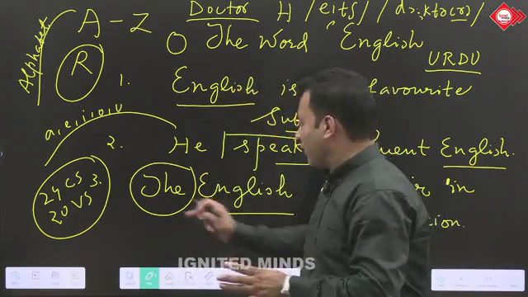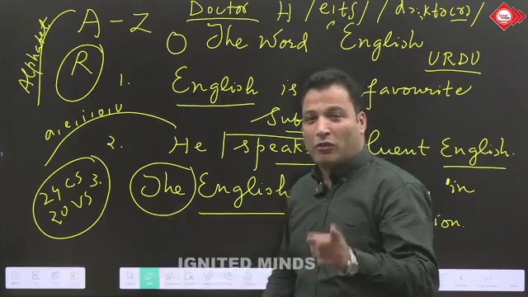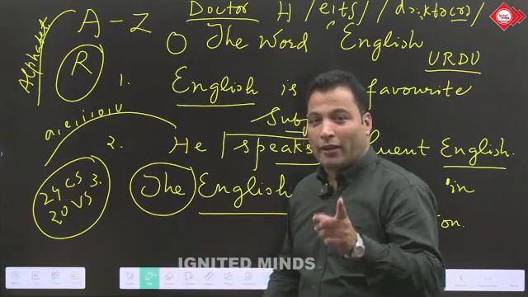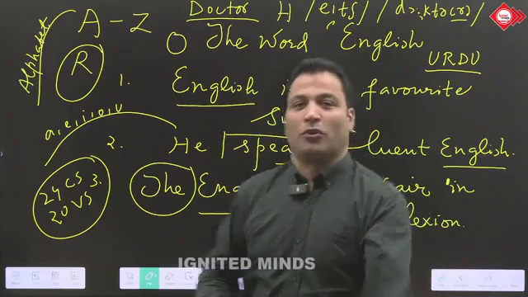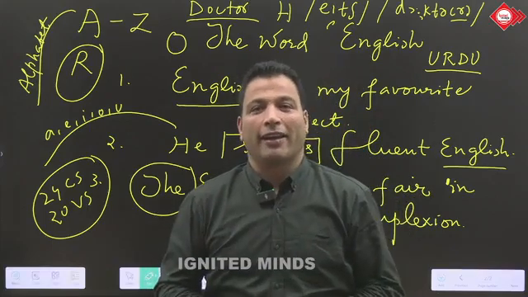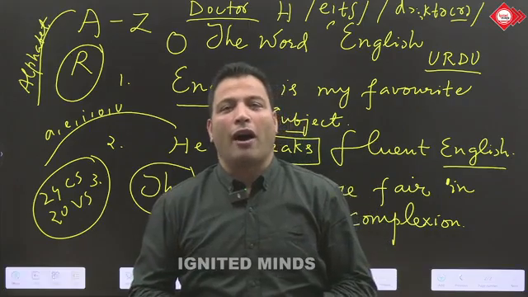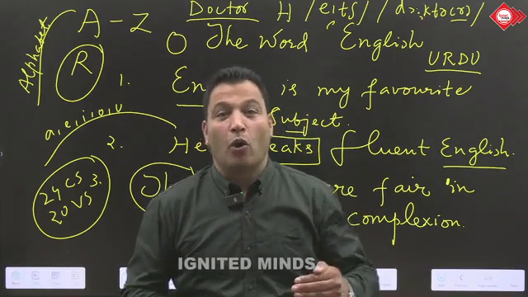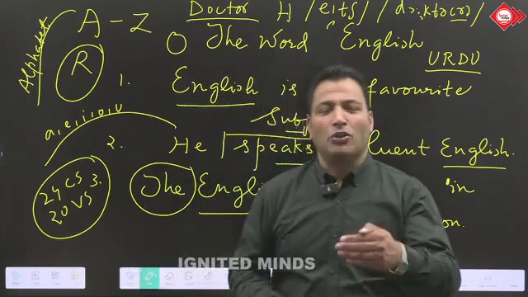अगर THE उन words के साथ use होता है जो vowel sound से शुरू होते हैं, suppose ई, उ, ओ, आ, these are vowel sounds.